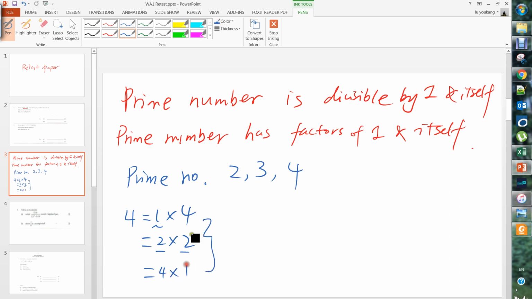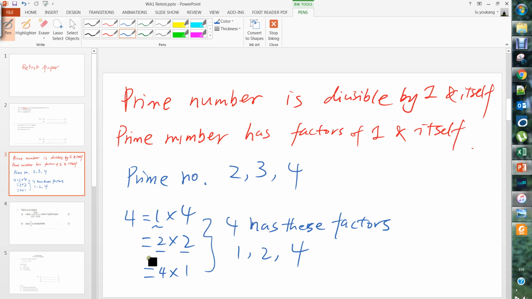So therefore, by doing this, you can find that 4 has these factors. They are 1, 2, and 4, right?